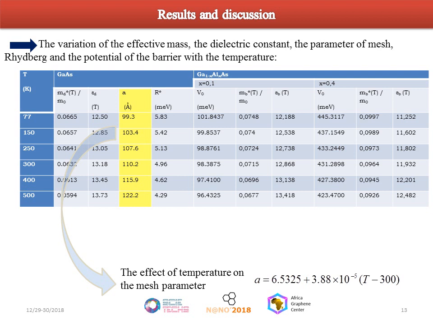So, to evaluate the temperature effect on the diamagnetic susceptibility, we have to plot the diamagnetic susceptibility and the effect of the hydrostatic pressure for the dimension of the quantum box.